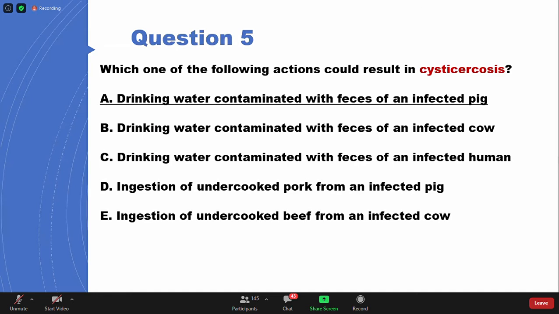So as in undercooked pork. So when you said it forms the cysticercus in the pig, when humans ingest that form, what happens to the parasite after ingestion in the flesh of the pig? What happens to the larva?